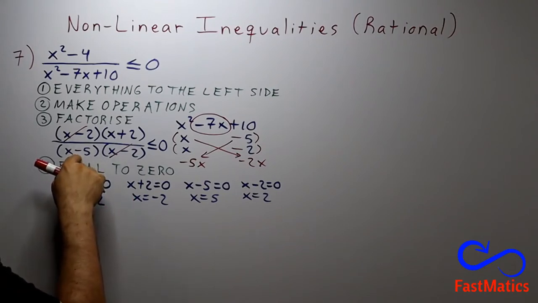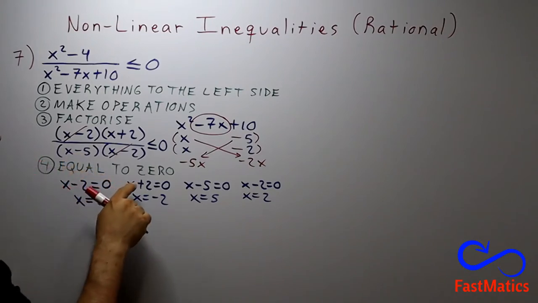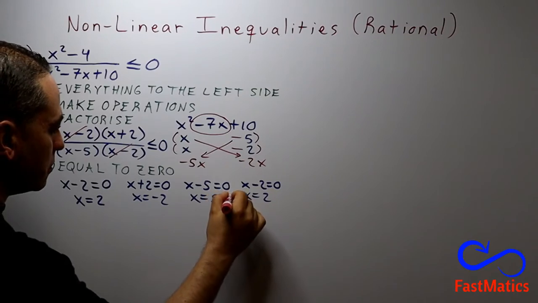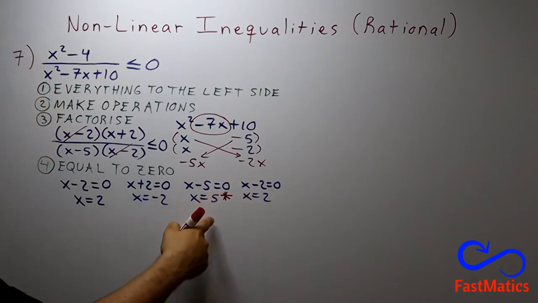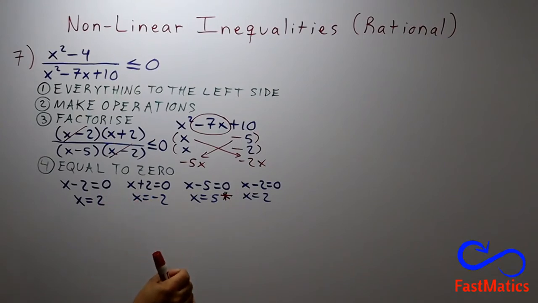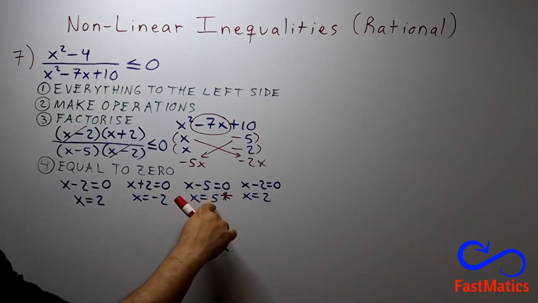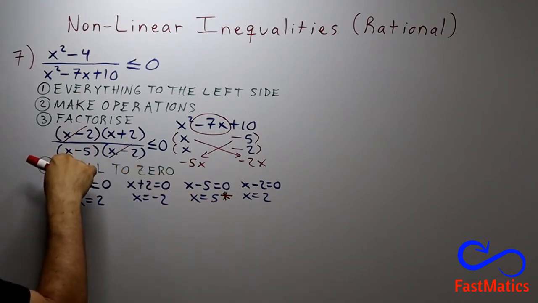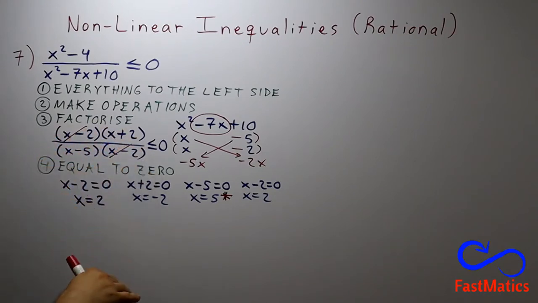So x minus 5 here. Pay attention because the answer cannot have a bracket, because a bracket means that the answer is included. And if you include the 5, when you replace the x with 5, it will give you a division by 0, and you cannot calculate division by 0.